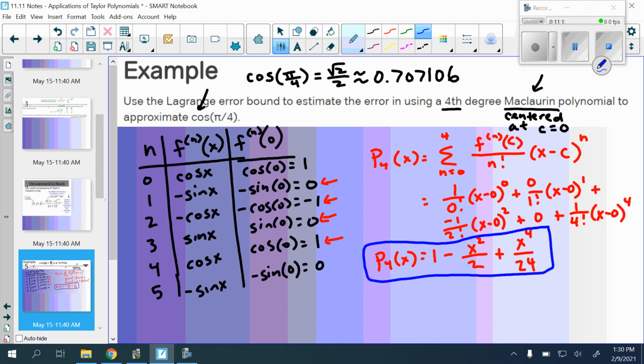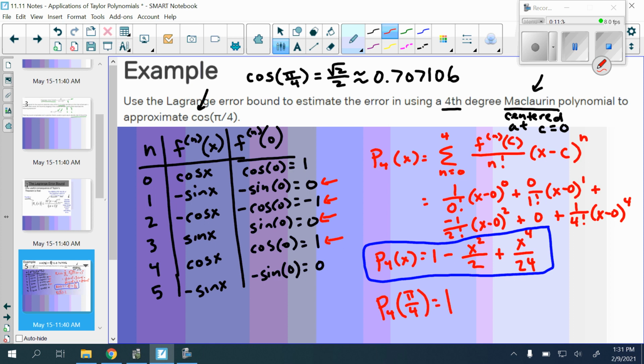So what they want us to do now is figure out what's the error in using this to approximate cosine pi over 4. Let's first see what value we get here. So if we take this and use it to approximate at pi over 4, what are we going to get?